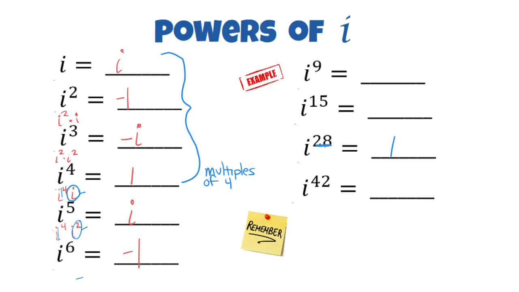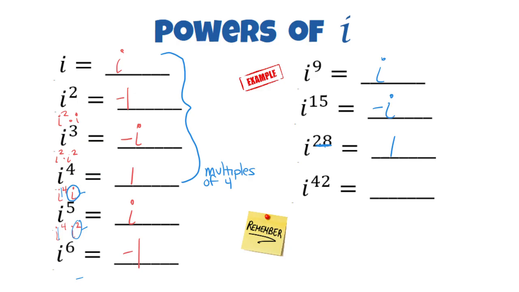So i to the 9th would be the same as an i. Let's try i to the 15th. That's close to i to the 16th, because 16 is a multiple of 4, but it happens right before the i to the 16th. So if this is the i to the 16th, this is i to the 15th. So i to the 15th is going to have to be the same as -i.